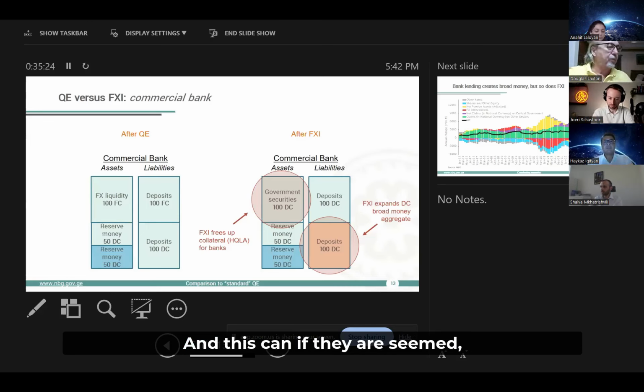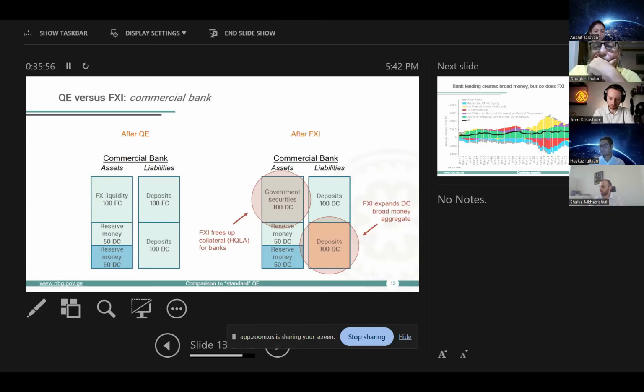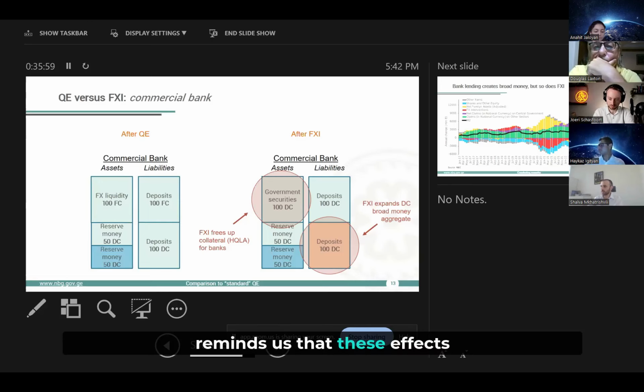If they seem to be important, like the collateral base is small and substitutability between foreign currency money and domestic currency money is low, then these considerations should also be fed into decisions on how much to intervene in the FX market. The quantitative part is difficult to show because here we are just showing the conceptual effects, but at least this reminds us that these effects are something to take into account.